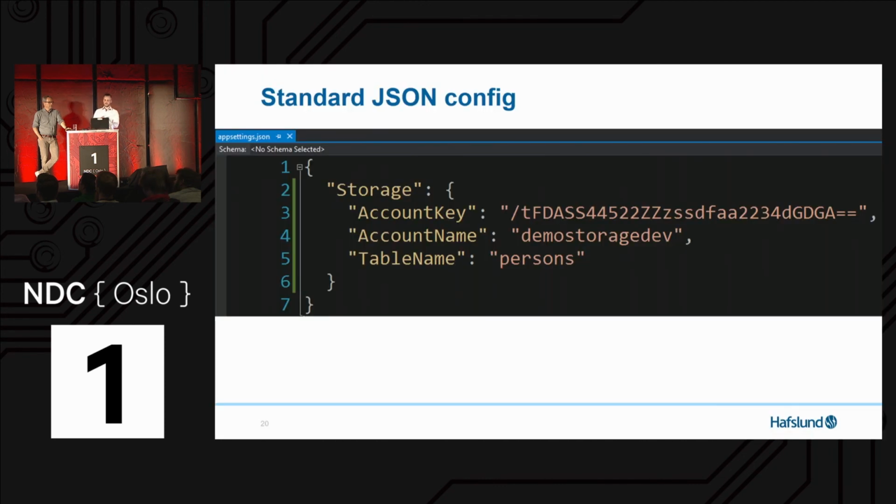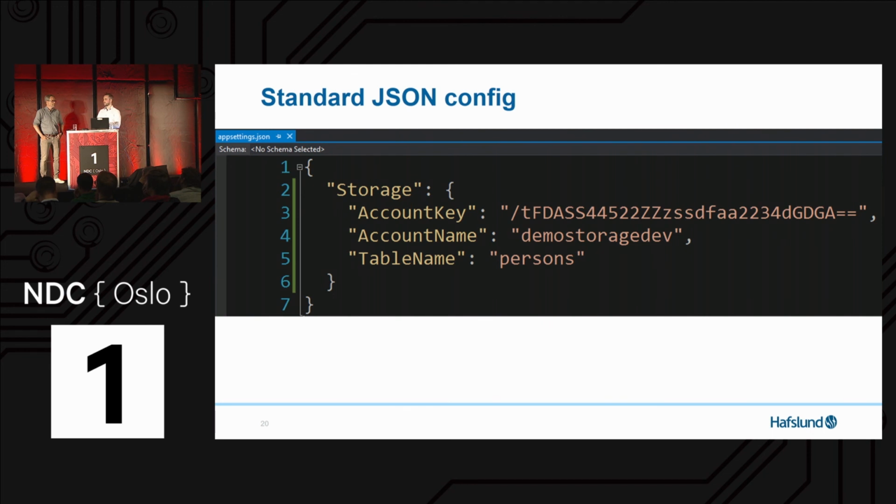So I'll just try to illustrate what I've just been talking about with these config files. So this is a typical default standard JSON config file in .NET Core. In this case, we have just referred directly to our secret in this JSON file, which is something many people do.